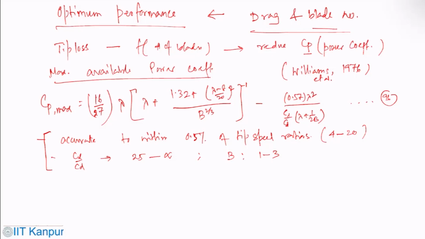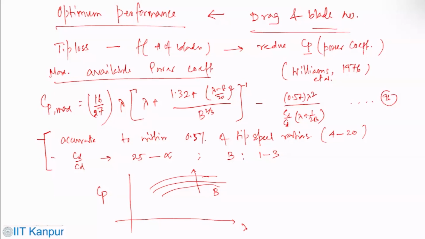So now one can show, if you plot lambda, the tip speed ratio, and CP on this side, you can get different curves like that, and this is for increasing B. So as the number of blades increases, you get different kinds of plots here.